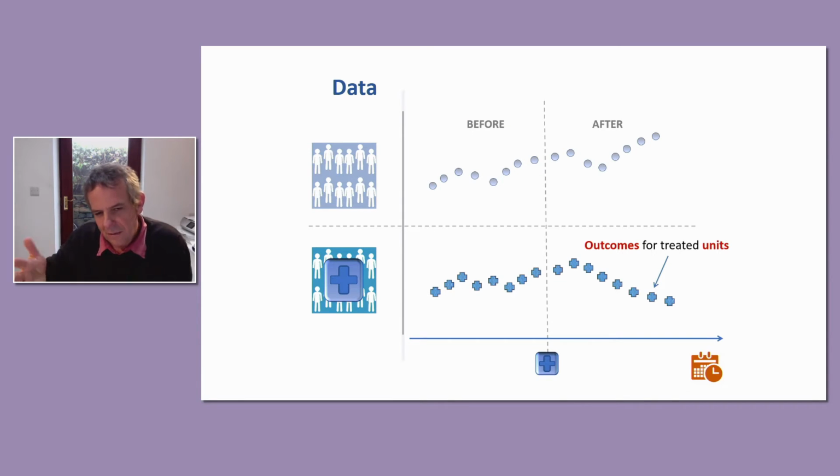So our basic method, once we've got those two groups, to look at the impact of the intervention is to look at the change in the outcomes in the intervention group before and after the intervention, and in the comparison group before and after the intervention, and to look at the difference in those changes.